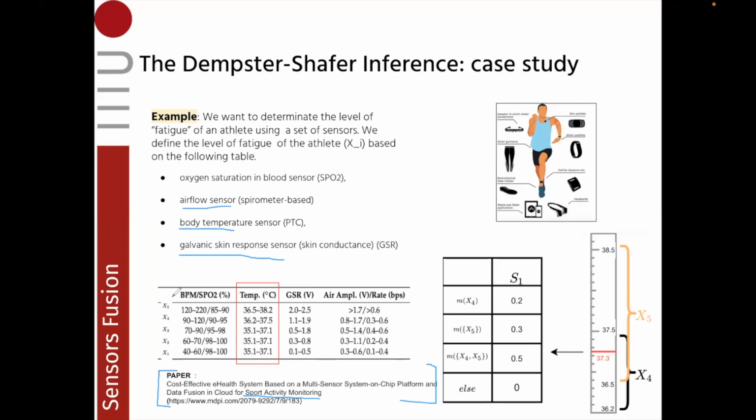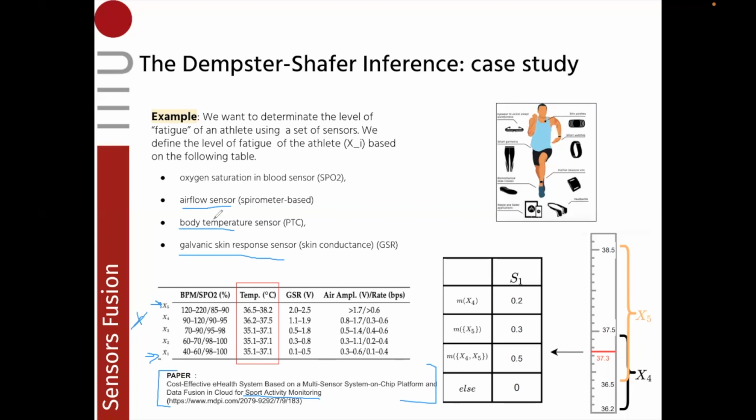This level of fatigue is distributed in 5 stages. The state X can have 5 values from the lowest fatigue, X1, to the highest fatigue, X5. As you can see here, for each sensor, there is a kind of range assignment with respect to the state. So if our temperature, for example, is between 35 and 37.1 for the thermometer, so for the single sensor, we are in the state X1.